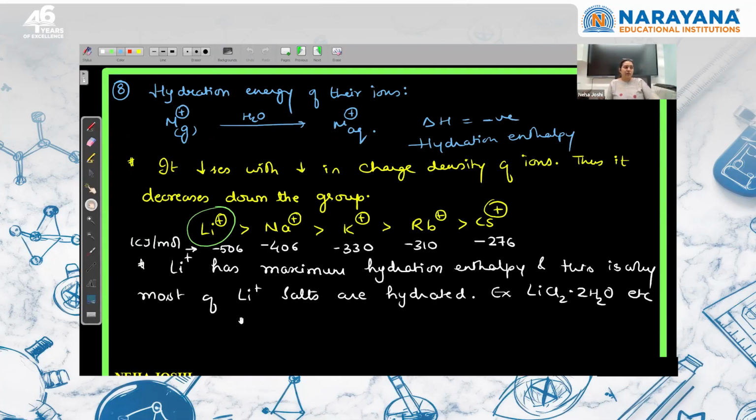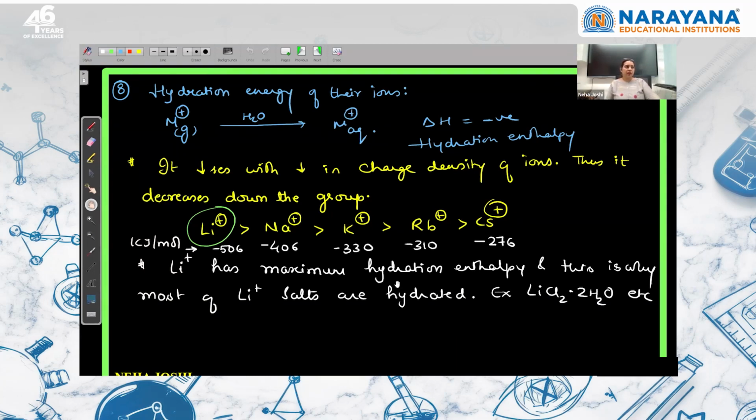Because of its high hydration, most of the lithium salts will be hydrated, like magnesium. Most of magnesium's salts are hydrated. MgCl2 can have 6 to 12 water of hydration, similarly LiCl.